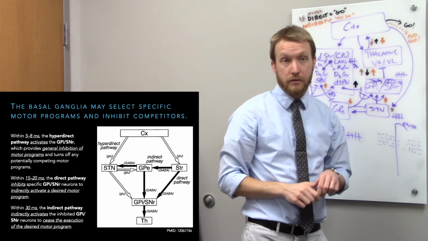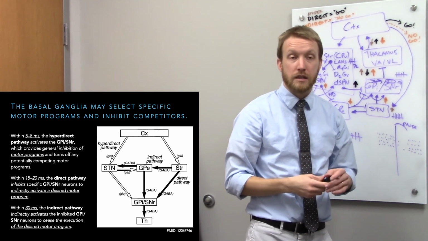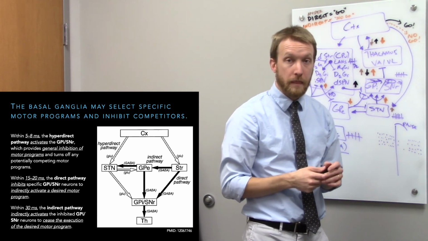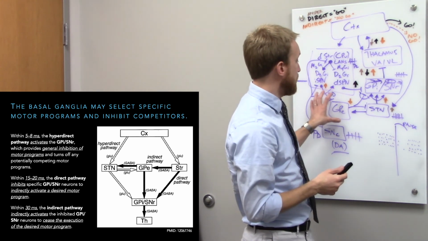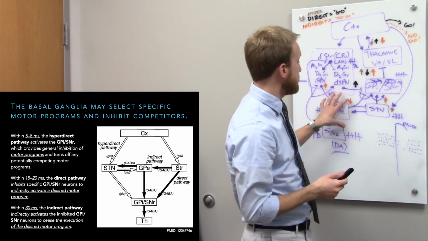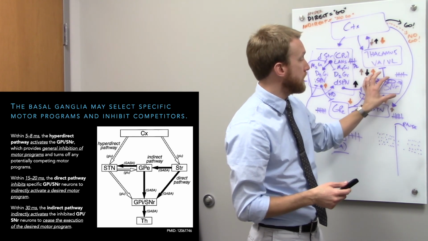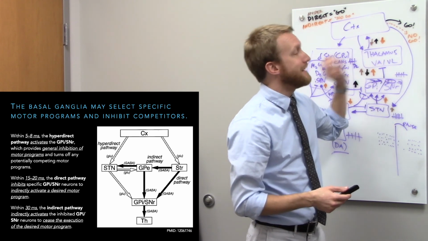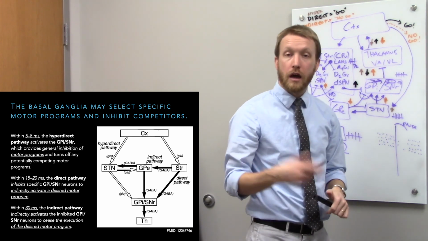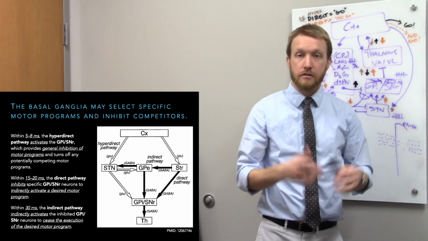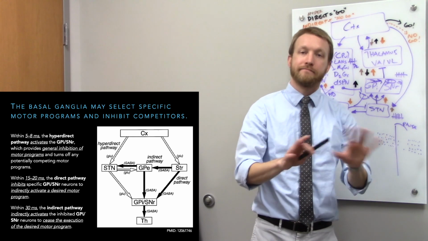Then the indirect pathway comes in, about 15 milliseconds later, so we're at 30 milliseconds at this point, to turn off that motor program. So we inhibit the GPe, that disinhibits the output, and the STN, which excites the output, and we then inhibit the thalamus. So, hyperdirect, shh, direct, do this one thing, indirect, stop.